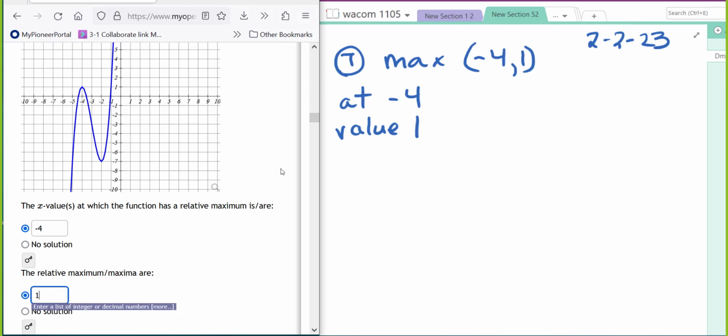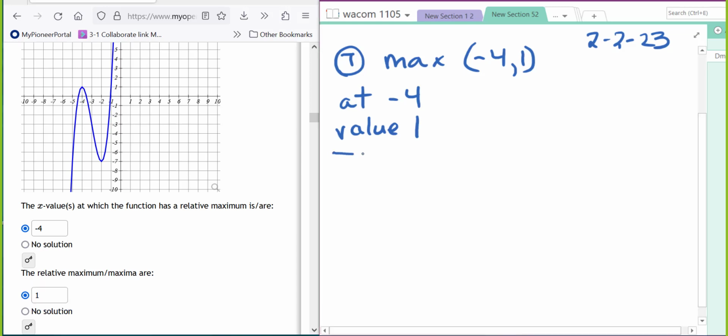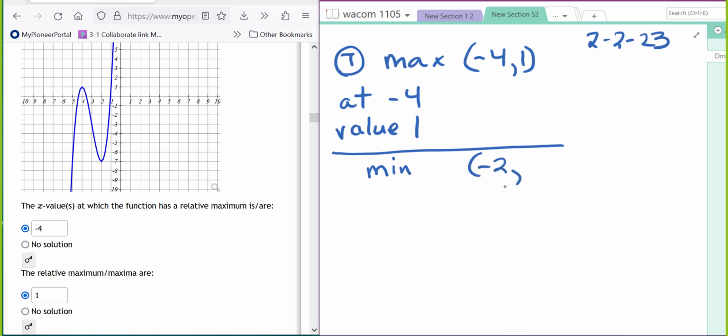Right, and let's go ahead and get the min before I scroll on down. Right, so it is at -2, and the value is -7.